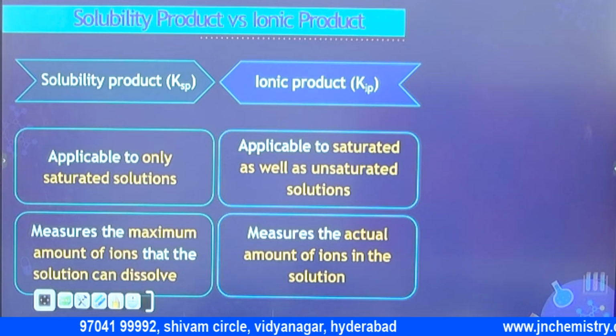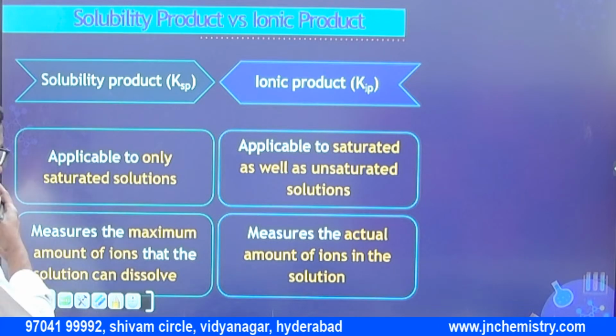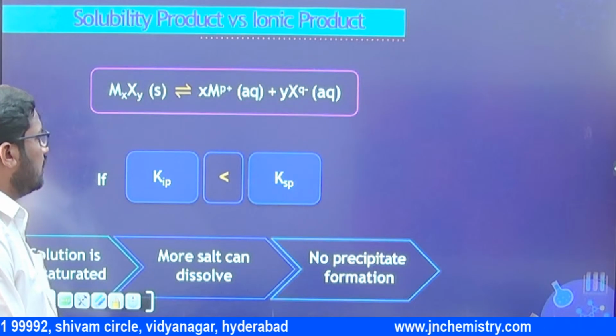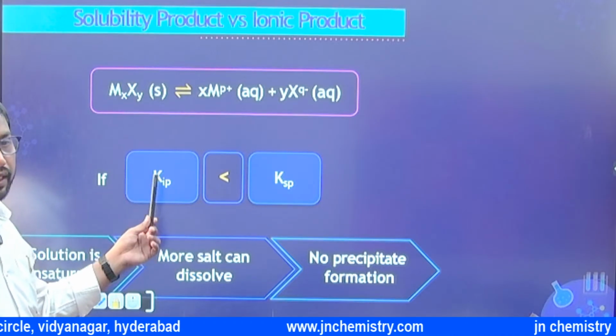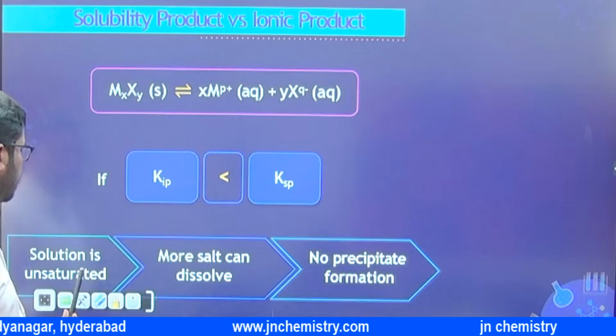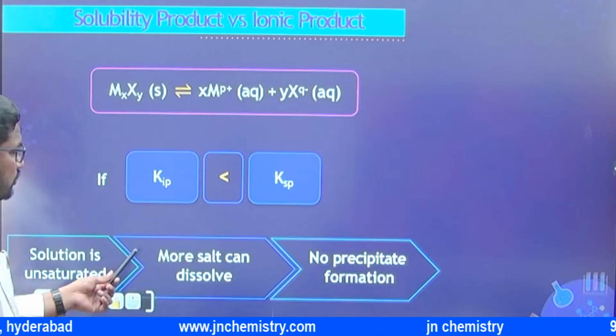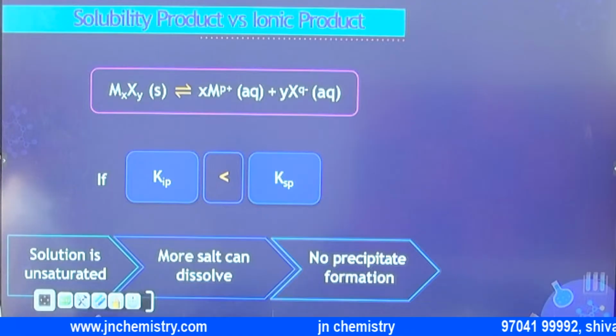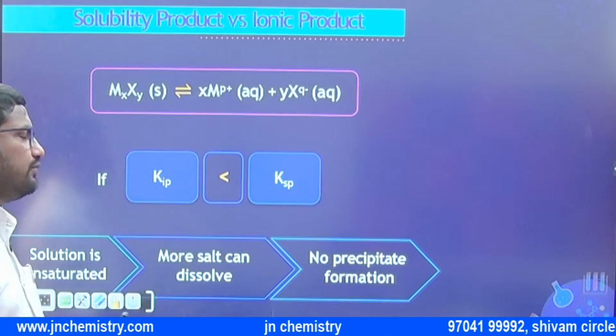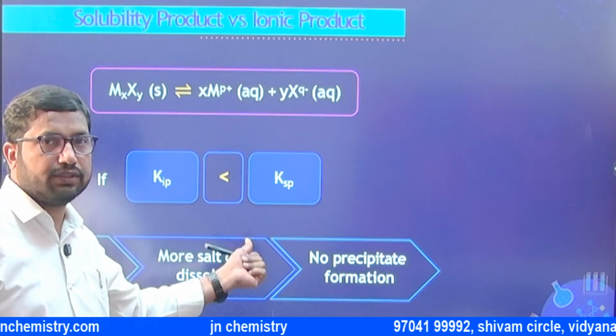Now, if ionic product is less than solubility product, the solution is unsaturated, so more salt can be dissolved and no precipitate is formed. This is very, very important, and questions will keep being asked based on this.